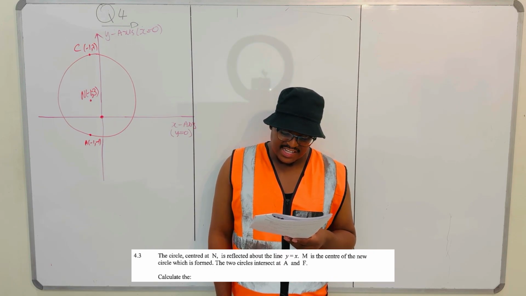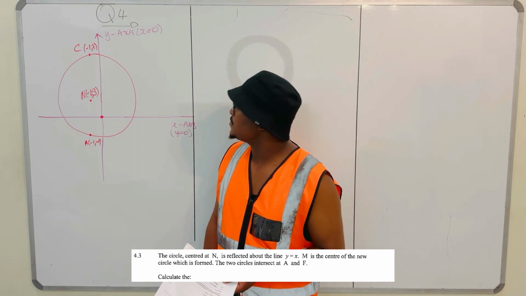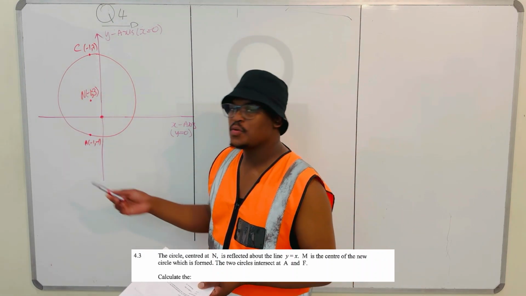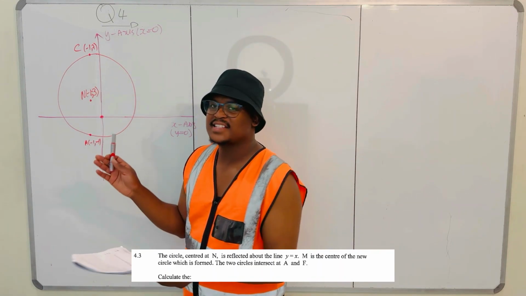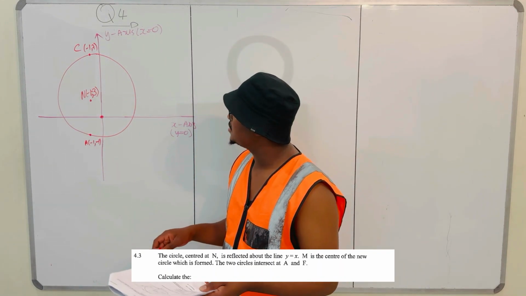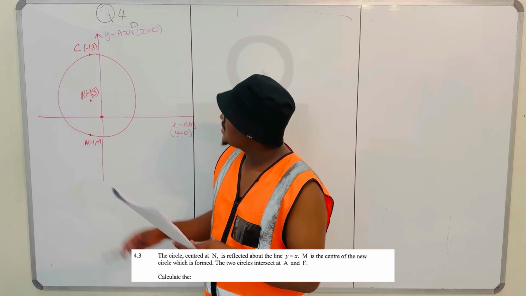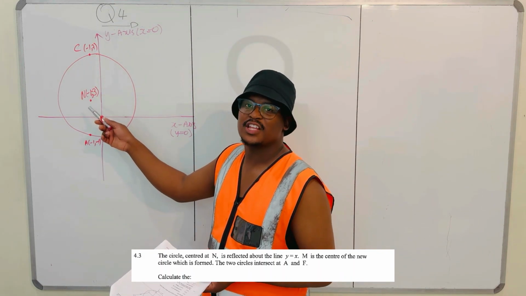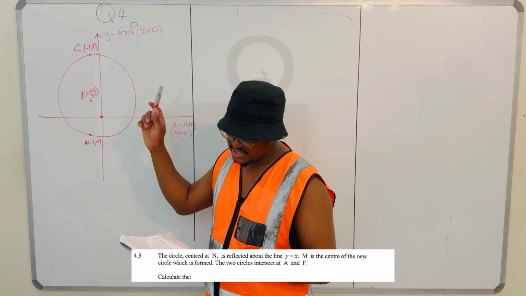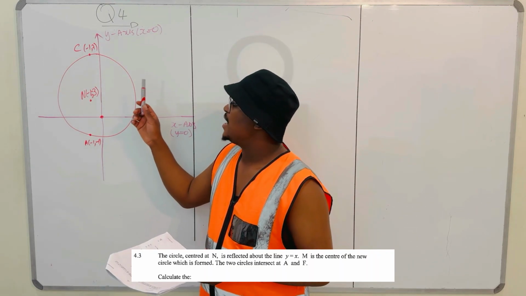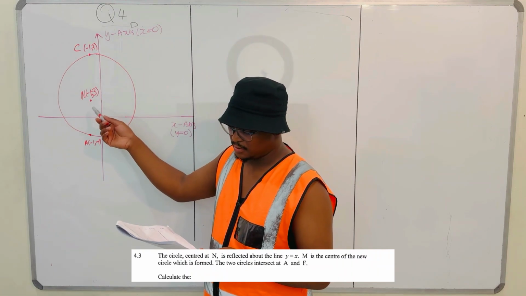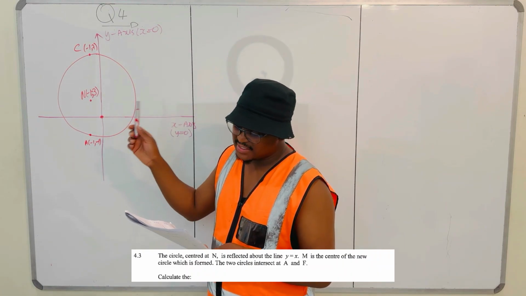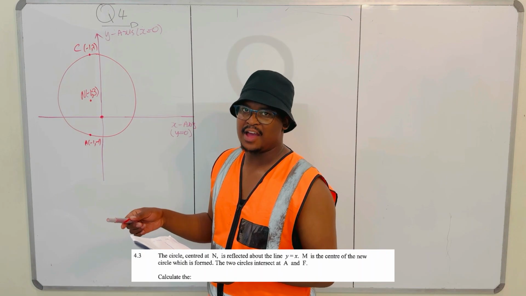The two circles intersect at A and F. So this is the circle that we were given initially, but I removed the parallelogram so that it's much nicer and easy to see what I'll be doing with it. So they are saying this circle here is reflected about the line y is equal to x. That's the first thing. And M is the center of the image of this circle. And the two circles intersect at A and F.